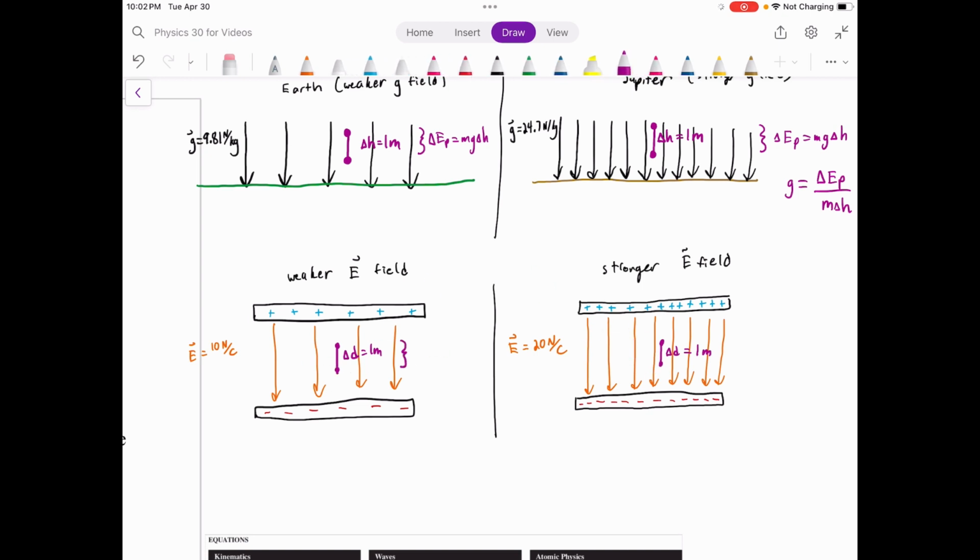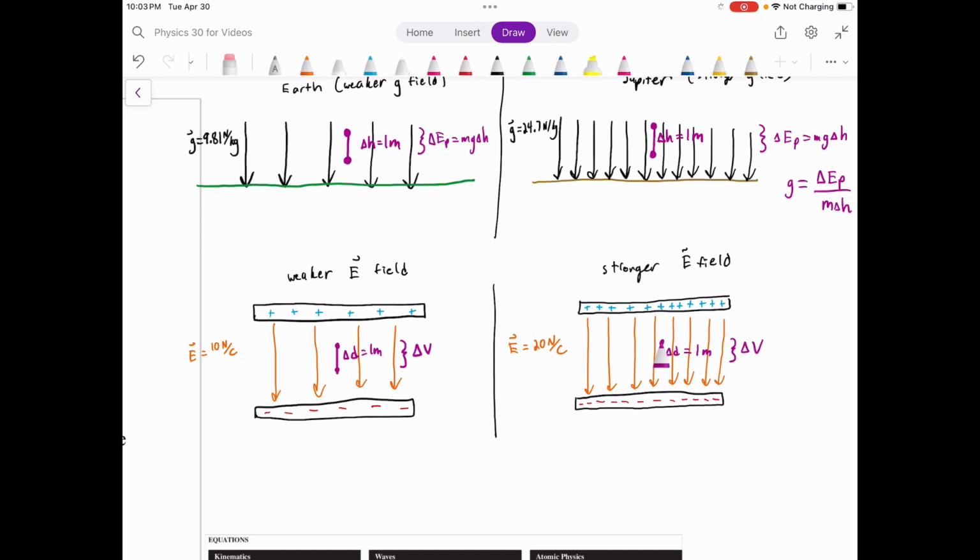But the magnitude of that in the weaker field versus the stronger field, there's going to be a bigger change in energy per coulomb of charge you have. In other words, a bigger voltage or potential difference between these two positions in the stronger electric field than in the weaker electric field, right?